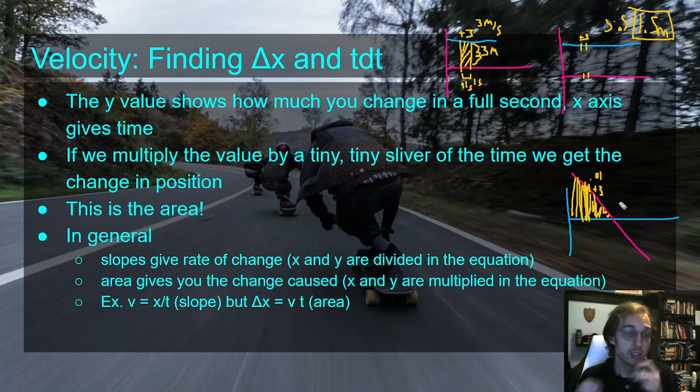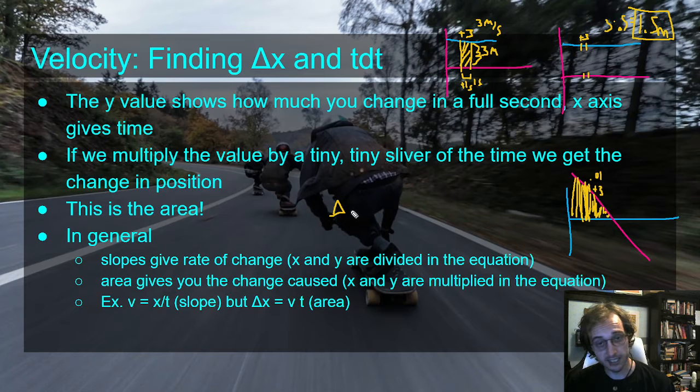Generally speaking, if we have any graph of anything, and the rate of change is a significant thing, taking the slope will give you the rate of change. If you look in the equation for those two things, the x and the y will be divided. Like if you look at the equation for velocity in terms of position, it's position over time.